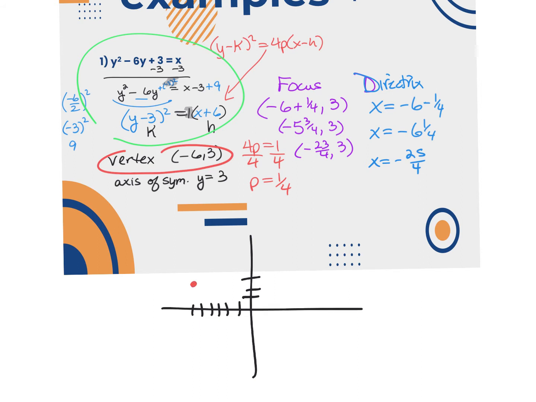And then my focus point, do that in purple, it's the -5 3/4, comma 3, so it's really close. My directrix was the equation x equals -6 1/4. So my directrix is right here.